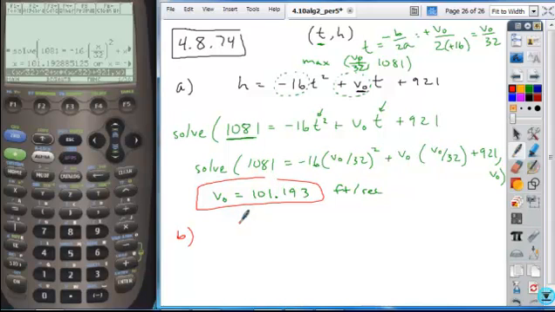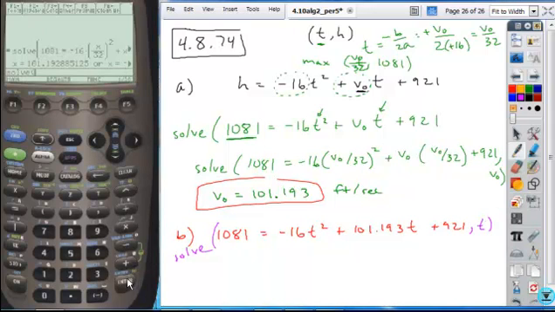If we took our height of 1081, set it equal to negative 16t squared plus, we substitute this value in for our initial velocity, and then solve for the t value, it'll tell you how much time it actually takes. In setting this up, we'll solve for t, and we can just plug it right in.